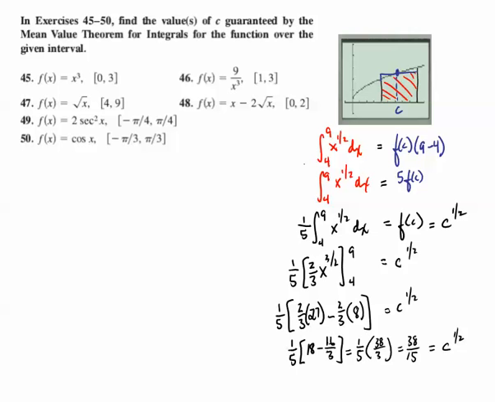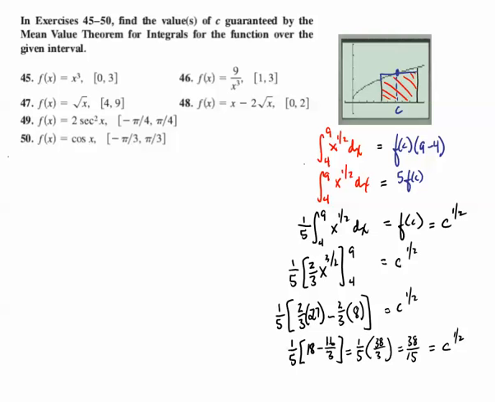Roughly, that's somewhere between 2 and 3. That's the y value. c to the 1/2 is the value of the function when x is equal to c, and as we said, that should occur somewhere between y equals 2 and y equals 3.